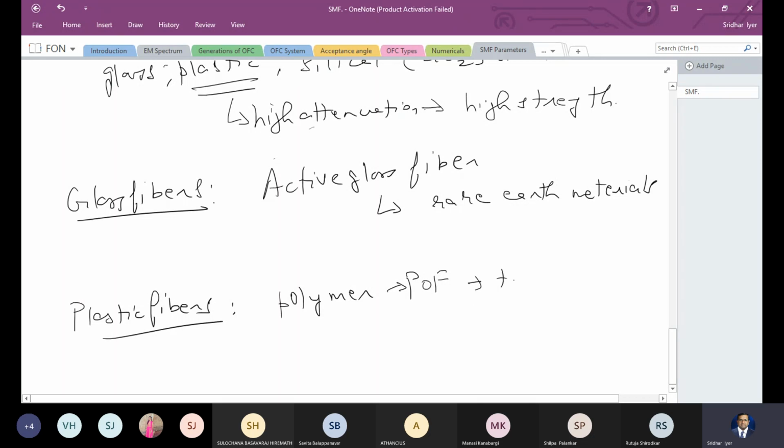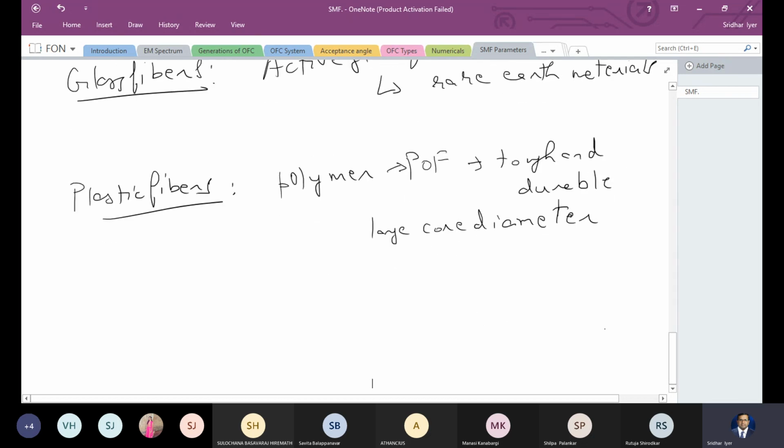These would be tough and durable. I mean, they won't break easily. Compared with the silica fibers, they will also have a larger core diameter. So you could use LEDs as the source, so it also leads to less cost of the system, right?